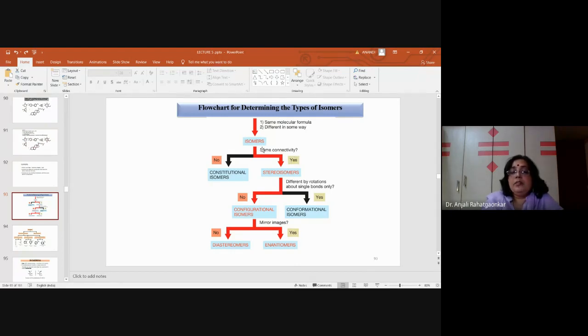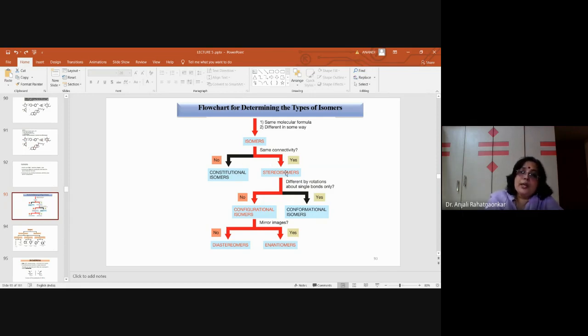If they have the same molecular formula but different connectivity, if the answer is no, then the isomers are constitutional isomers. Now, in this particular unit, we are going to discuss the stereoisomers. Just for the sake of knowledge, we must know the constitutional isomers.